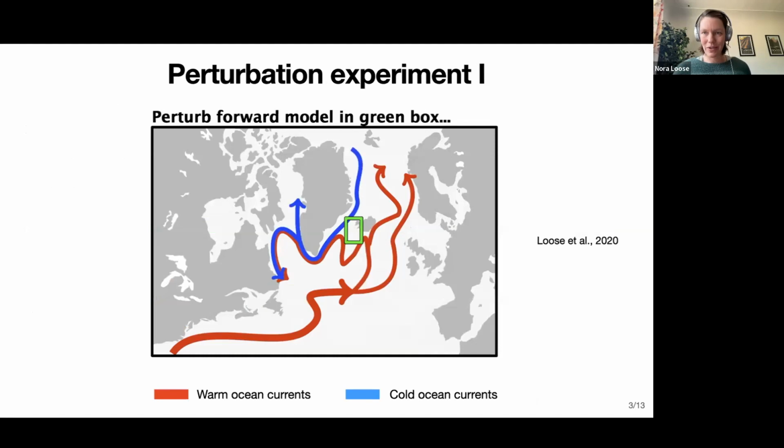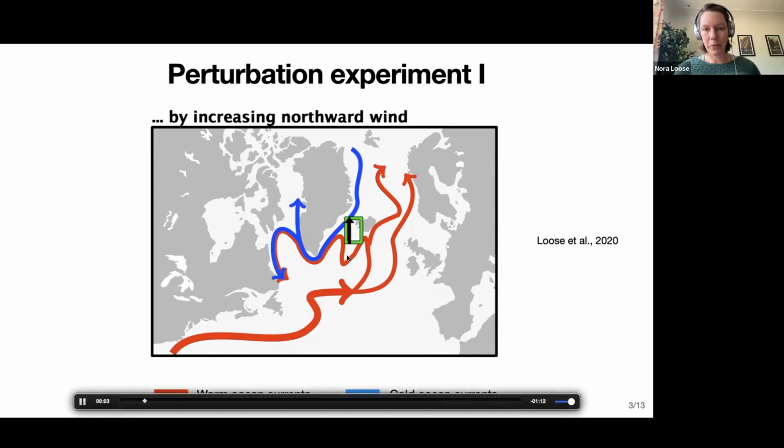Okay, so experiment number one, I will perturb wind in this green box. And the red and the blue arrows here show warm and cold ocean currents in the North Atlantic. So let's see what happens. If we increase the northward wind in this green box, the ocean flows east, we get Ekman onshore convergence and a positive pressure anomaly along the Icelandic coastline.